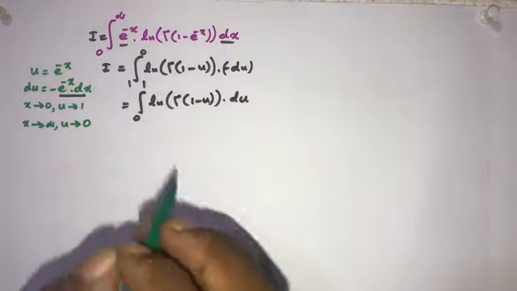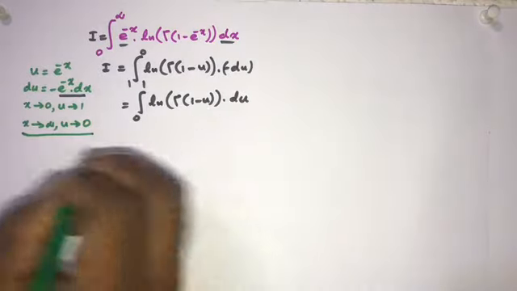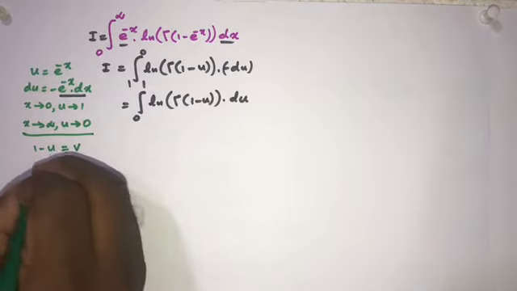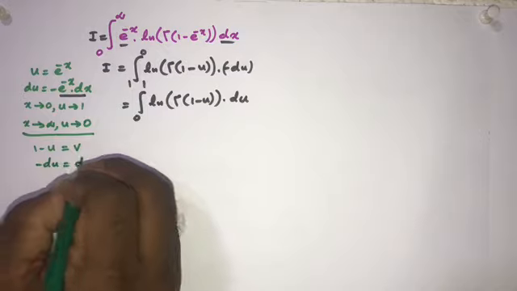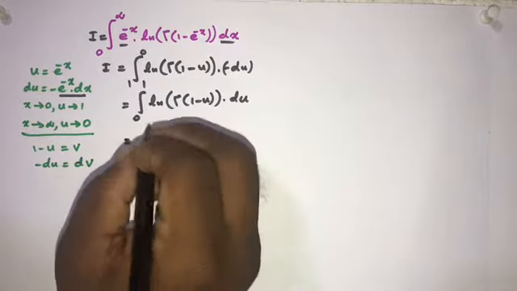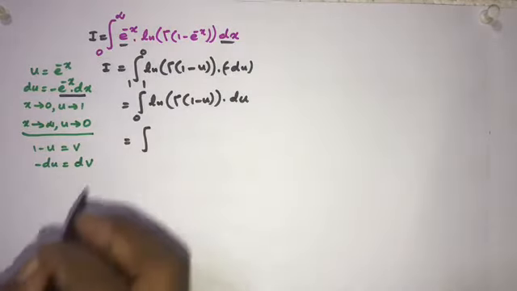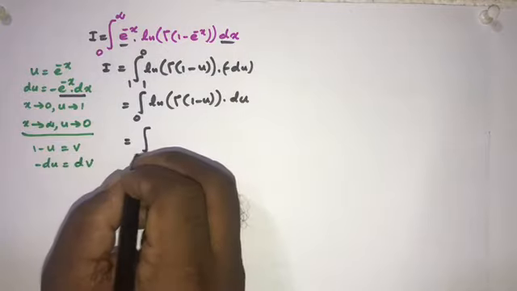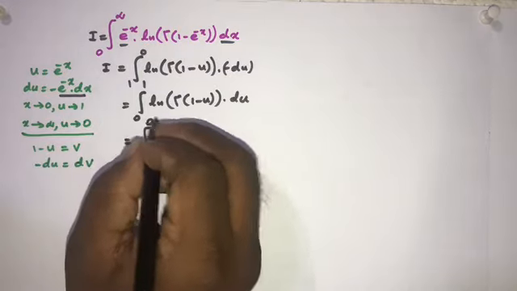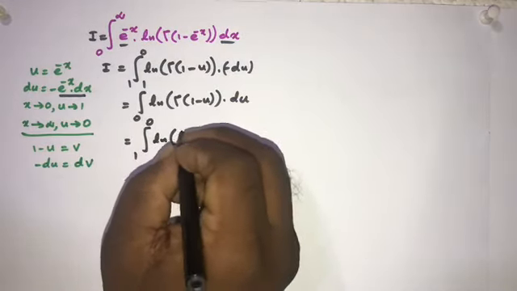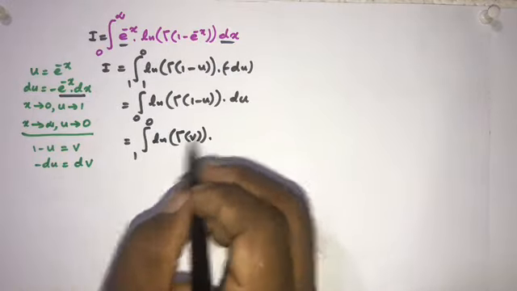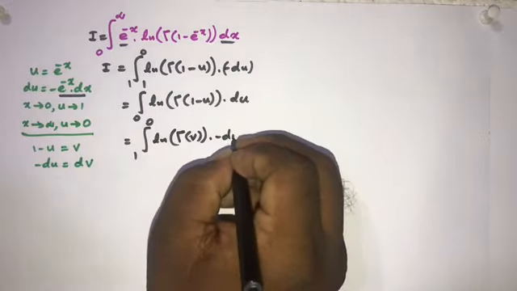Okay, again we can take a substitution. So here 1 minus u, I'm going to take 1 minus u is equal to v. Now differentiate, minus du is equal to dv. Now lower limit when u approaches 0, v approaches 1, upper limit when u approaches 1, v approaches 0, natural log of gamma of 1 minus u, we know v, and du is equal to minus dv.